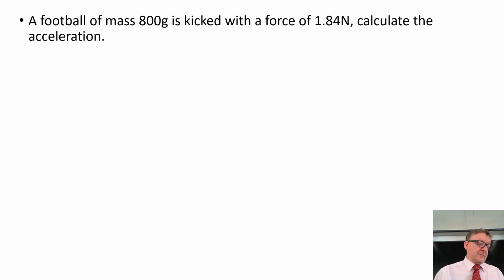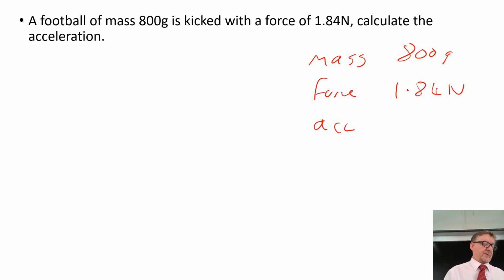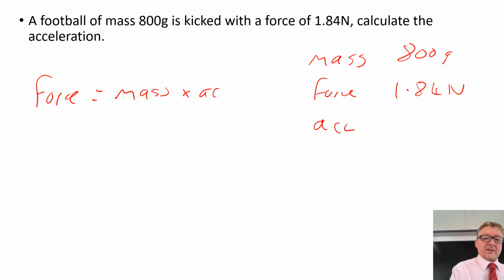A football of mass 800 grams is kicked with a force of 1.84 newtons. So we've got mass of 800 grams. We've got a force of 1.84 newtons. Calculate the acceleration. So we find our formula. Force equals mass times acceleration. We're trying to work out the acceleration.